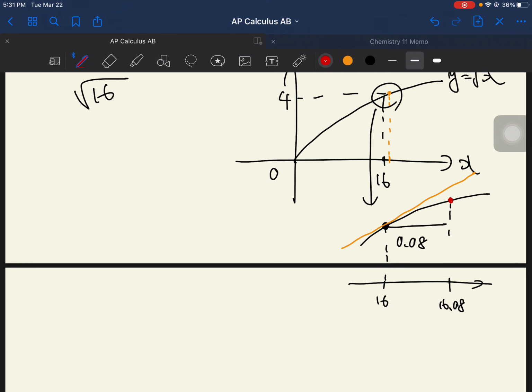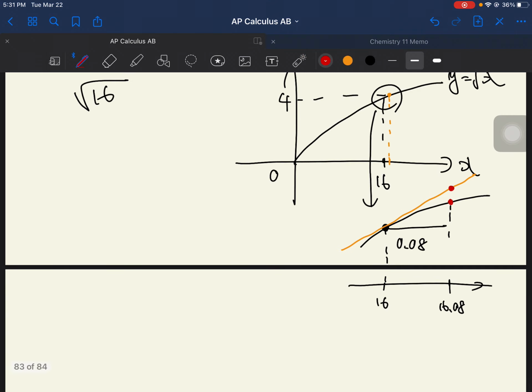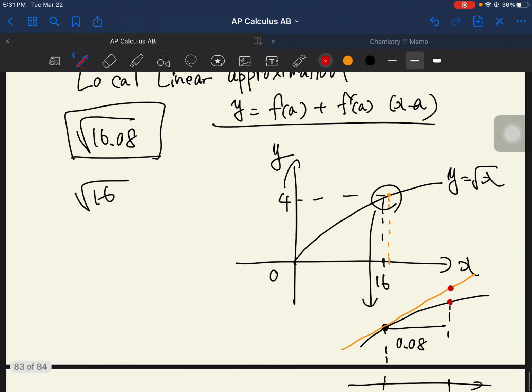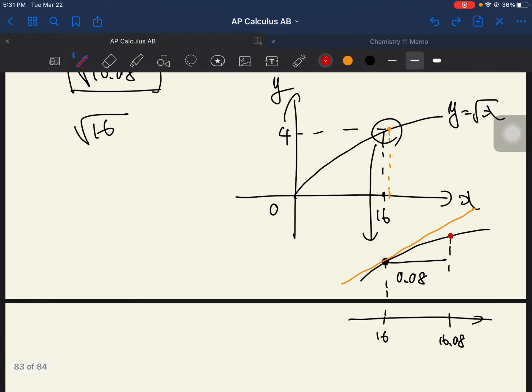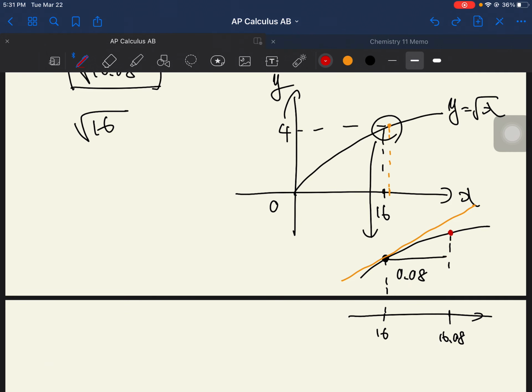So it's a little bit different. So you just define this value as the value of square root of 16.08. You know what I mean? So for example, if this slope is 0.5, this value is going to be half of it, 0.04.